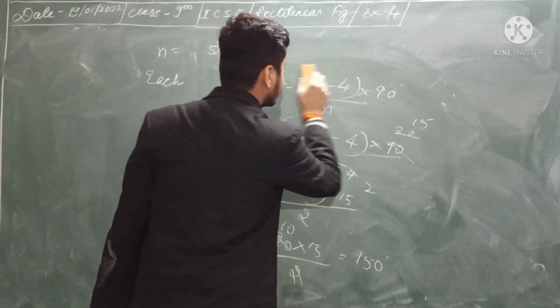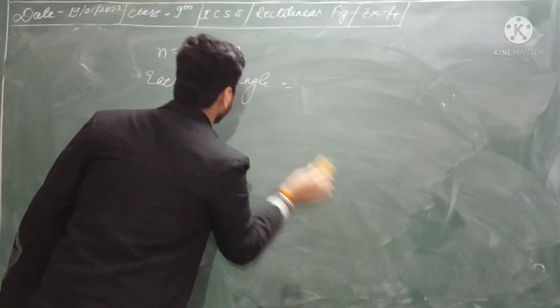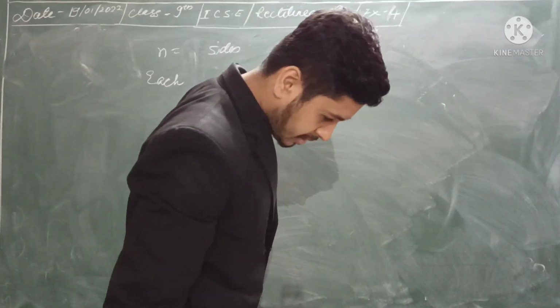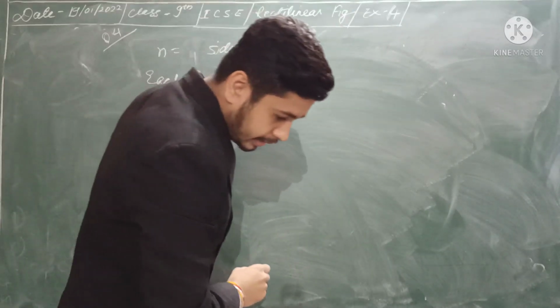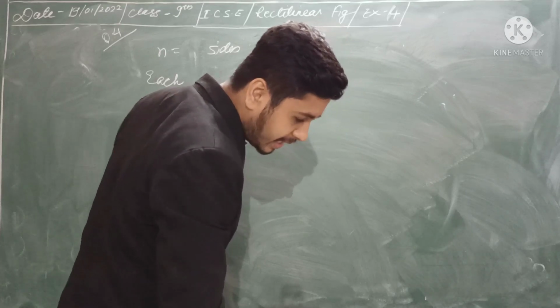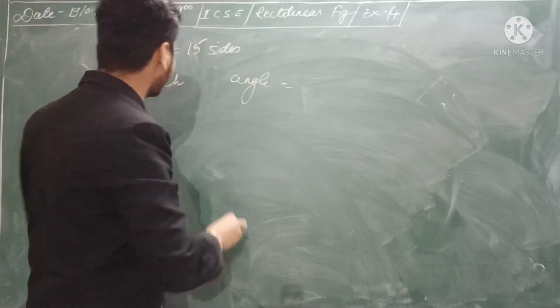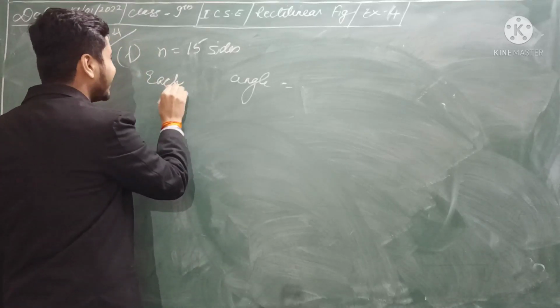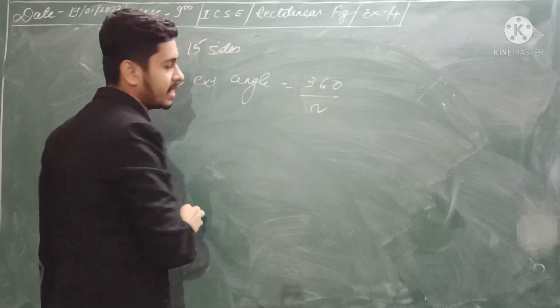Each exterior angle is 360 degrees upon n. That is the only difference. Okay, this is the fourth question. Let us do question number F. n is equal to 15 sides. We know that each exterior angle is 360 upon n.